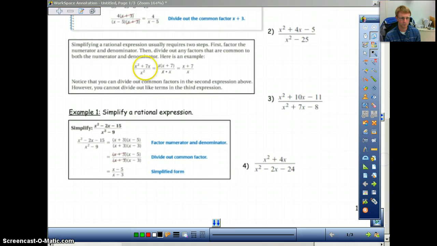So let's look at a different example. Again, we have two quadratics, one on top, one on bottom. The first thing you notice they do is they factor the top, which is x plus 3 and x minus 5. Again, when you're factoring, the first and first have to multiply to be the first. The last and last have to multiply to be the last. And then you need to make sure that they add up to be what's in the middle, especially when it's just x squared.